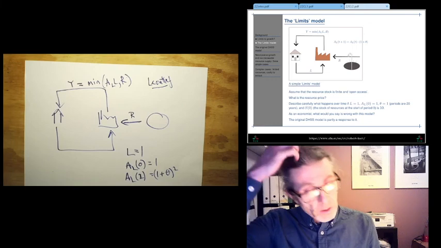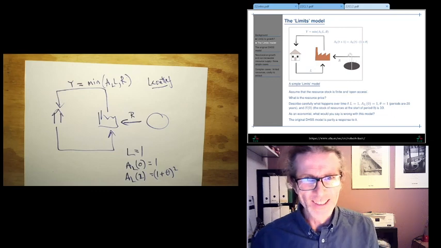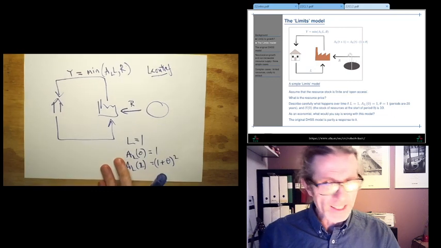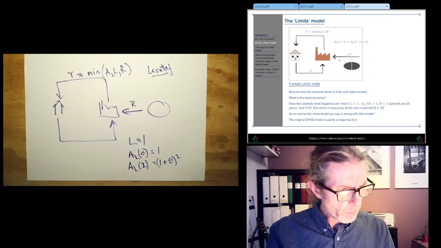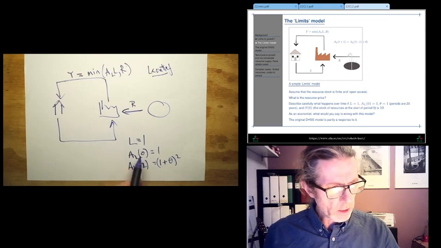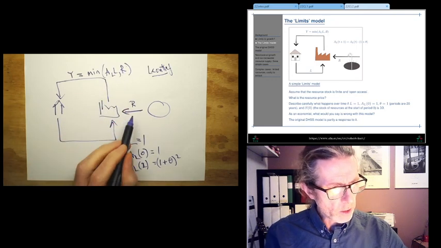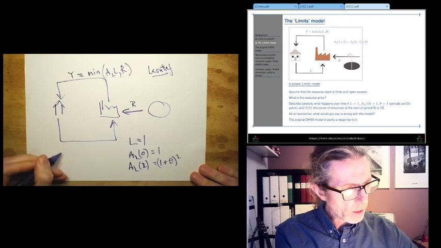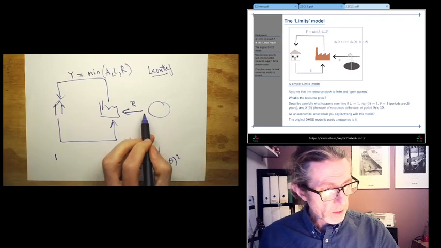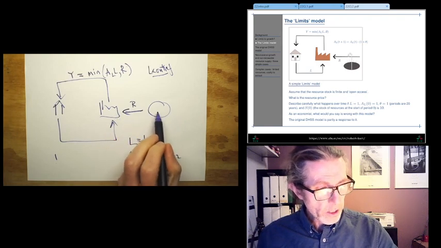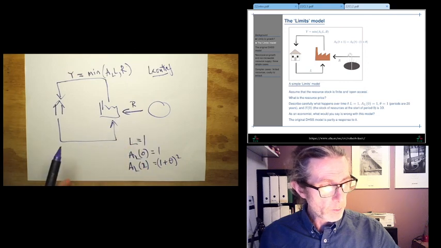Okay. So, what's going to happen? Well, hopefully you can easily work this out. In the first period, L is 1, AL is 1, AL times L is 1, so R will be 1. Okay? So basically, this is free, these firms are just going to grab whatever they need. And in the first period, they need 1 unit.